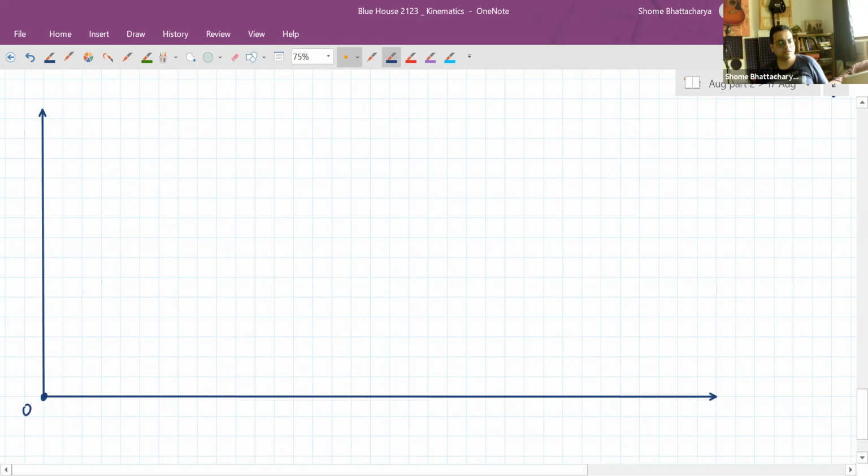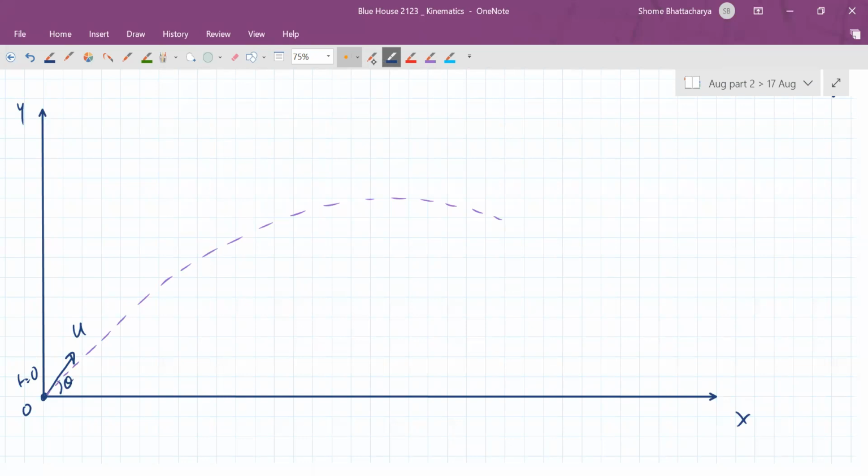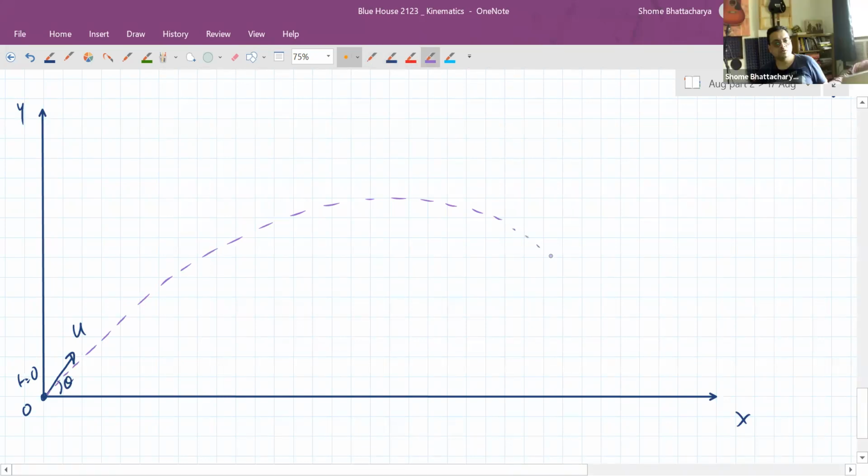So if I project it with the initial velocity u at an angle theta at t equal to 0, and the projectile goes off in a path like this, and then eventually it comes back and hits the ground, which is in this case my x-axis at some time t. So in between at some time t, if it is here, its velocity is v, its coordinates are x comma y.